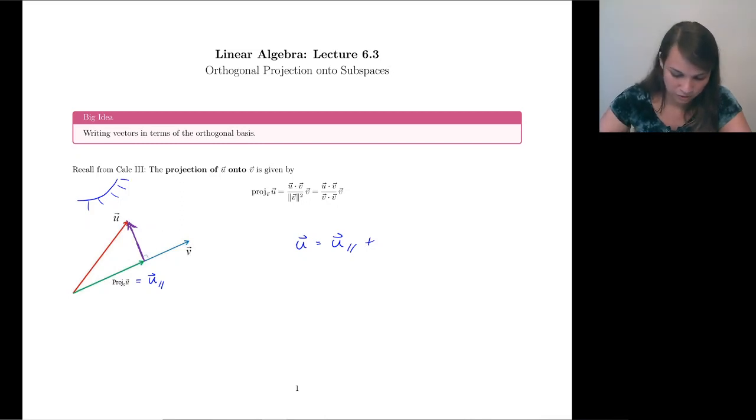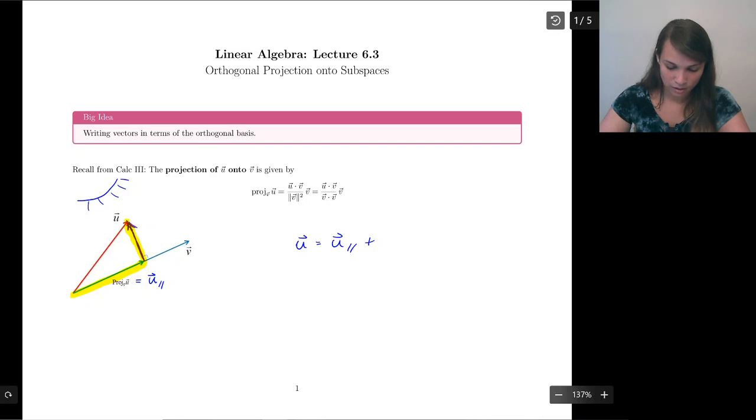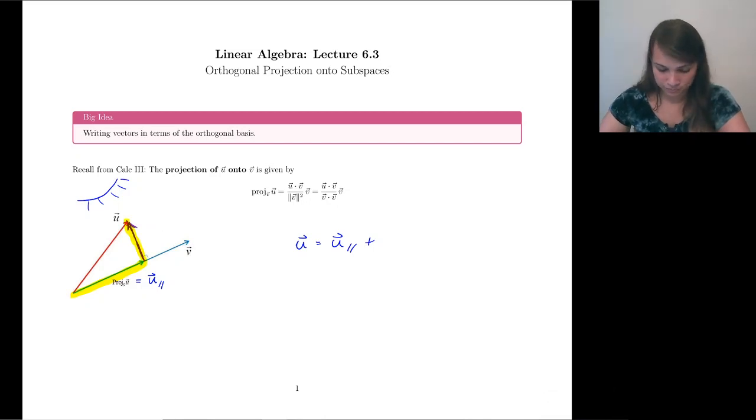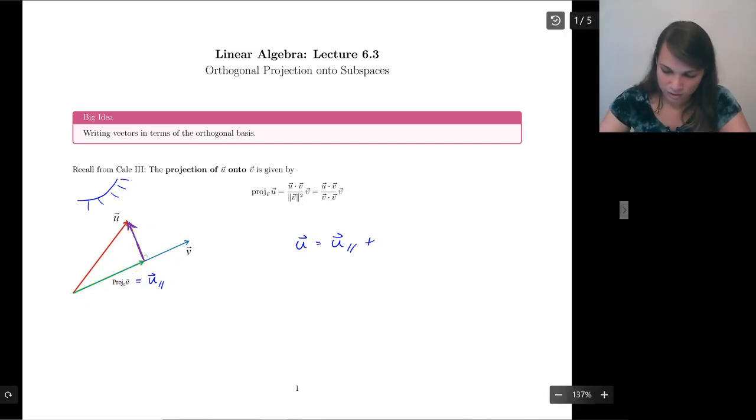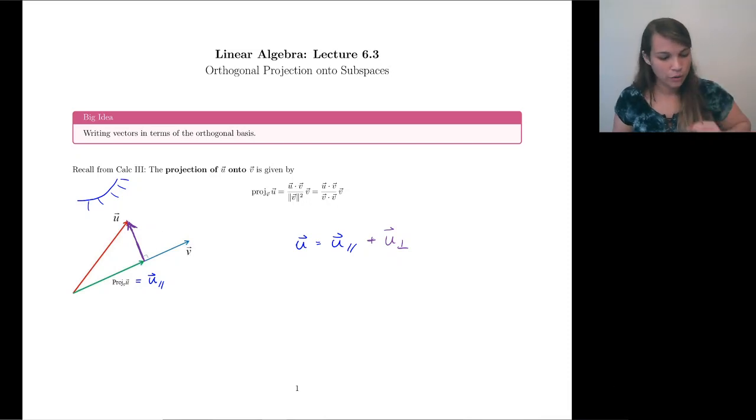So if we were to use vector addition, we could go along the projection, then line the tail of the other part up with the tip, and then we get back to U. We're going to just call that new part U perp. So we can express U as the part that's parallel to V and the part that's perpendicular. That's kind of cool.